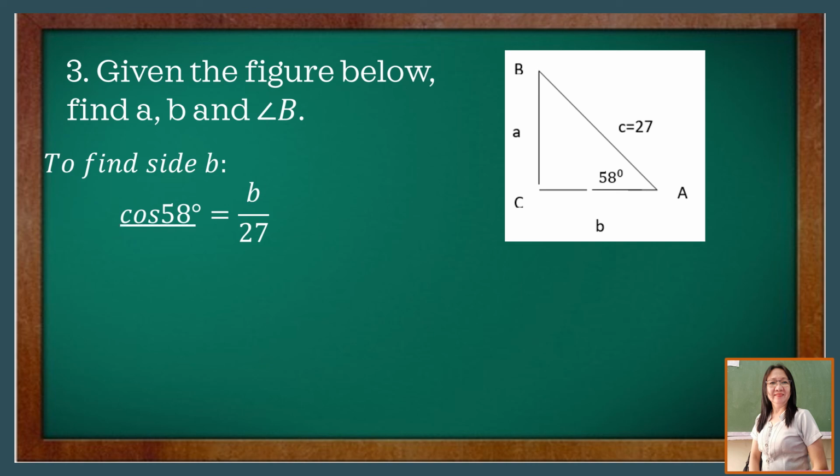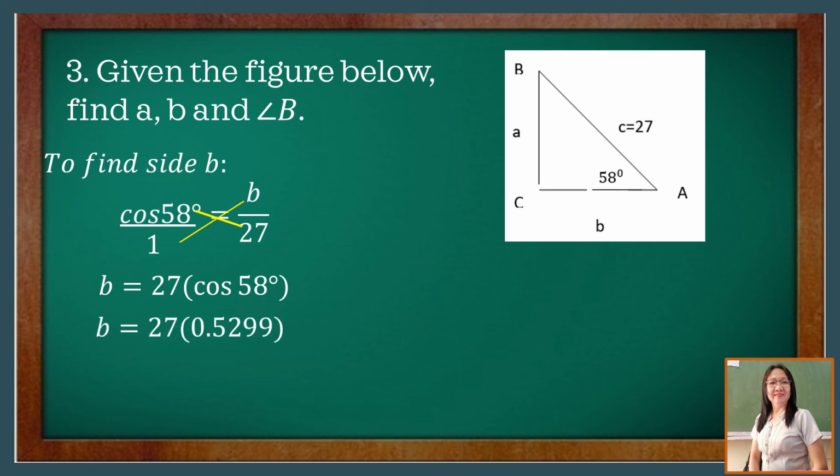Then, again, by cross multiplication, we have 1 times B is B, and 27 times cosine 58 degrees. So, getting the value of cosine 58 degrees will give us 0.5299. And multiplying this by 27, our value for B is approximately 14.31.